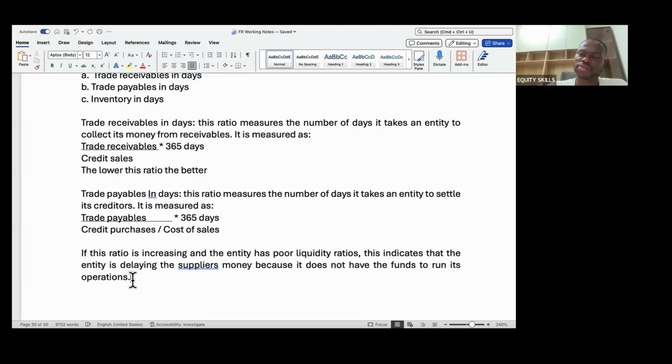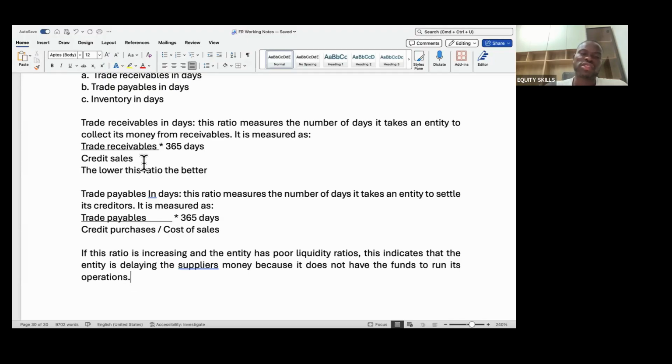You should pay him so that you can buy another goods because people that are in business, they want to sell very fast and quickly go and restock. And if you don't pay the guy, he will not give you another goods. In fact, he won't even wait for you to finish selling before he will ask you to pay him. So delaying supplier's money does not really work in any ramification.